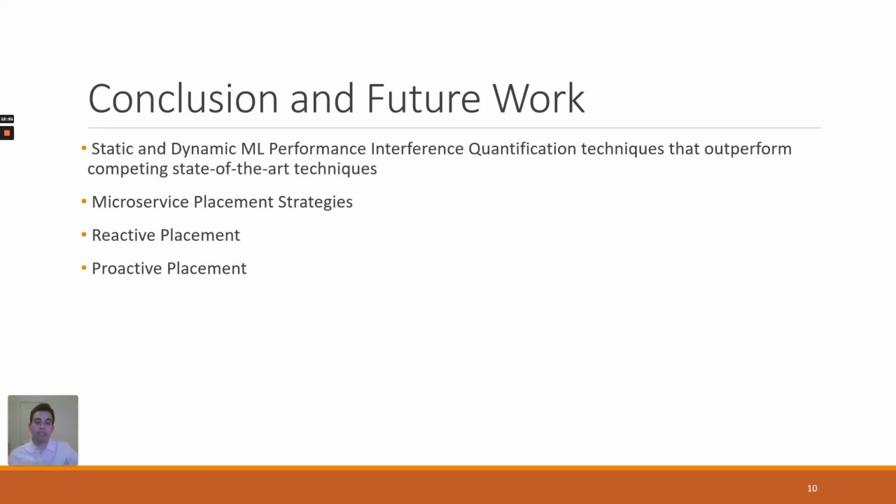Or placement strategies can be proactive, in which two applications are evaluated for compatibility prior to being co-located. That is, a placement strategy could avoid co-location of the two microservices and seek an alternate placement if they are deemed incompatible. This concludes the presentation of our work.